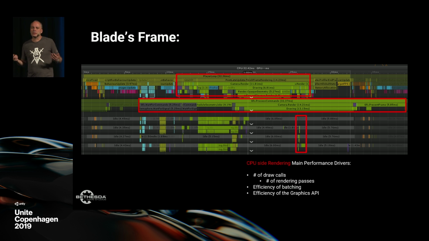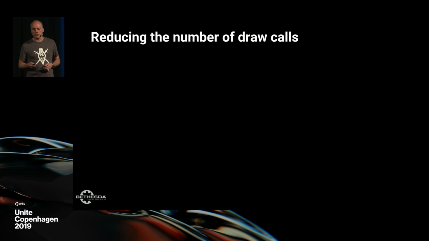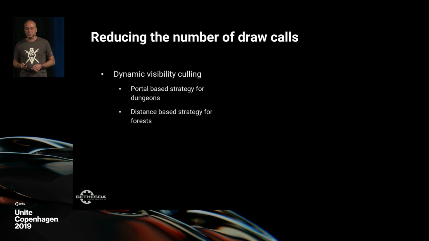So ours is a procedural game. We have lots of rooms that we're drawing when the player is inside our dungeons. So one of the important things that we do in order to reduce the number of draw calls is visibility culling. Dynamic visibility culling is the path that we're pursuing, because we cannot really pre-compute anything ahead of time. We have dungeon levels in our game and also more exterior forest-like levels. We pursue different strategies for visibility culling in those two situations.